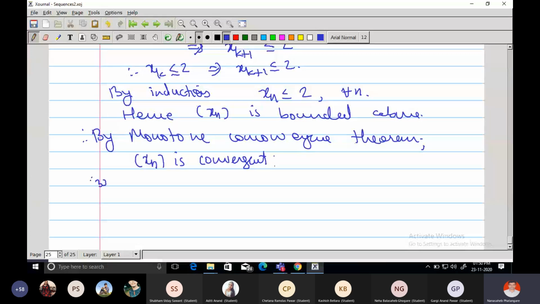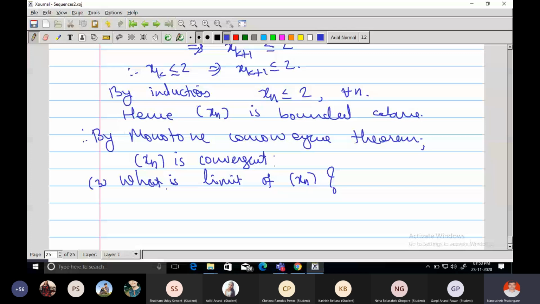But the next question one can ask is, what is the limit? Because it is convergent, can you find the limit? Let us see what the limit is.